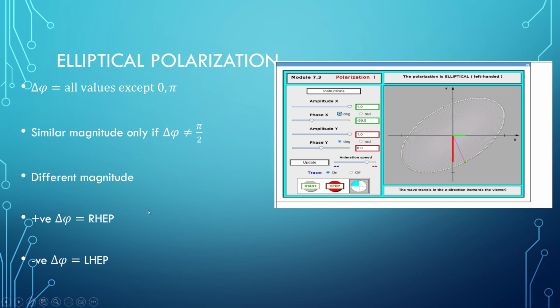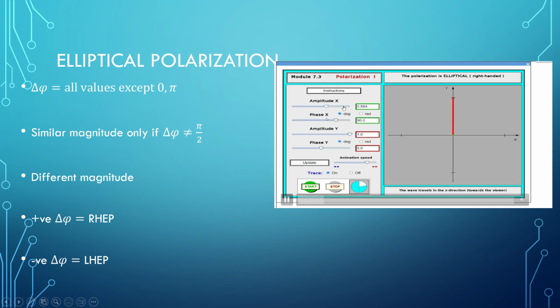The other case is when we have a difference of positive 60. We will use the left hand to curl our fingers along the polarization direction, and your thumb should be pointing towards you.